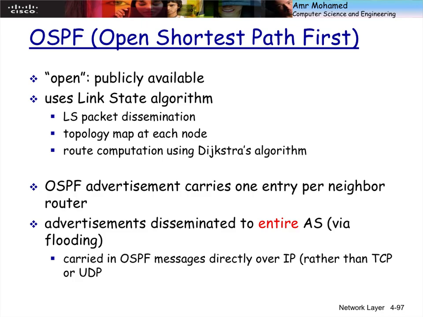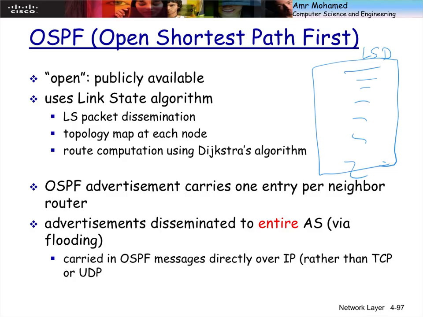OSPF stands for Open Shortest Path First. Open here means publicly available. It's actually a redundant name because all these protocols are standardized and supposed to be publicly available. It uses a link state algorithm, which means that all the routers have to exchange link states, and all of them have to maintain a link state database that has the individual link states for all the edges in the network.